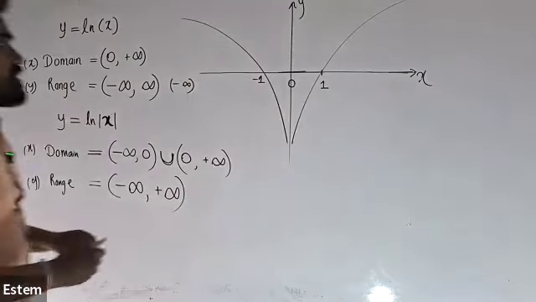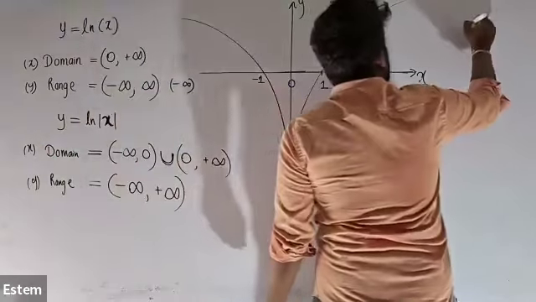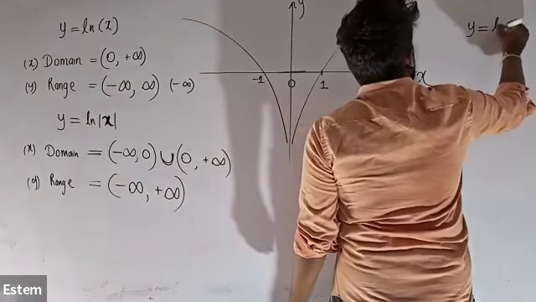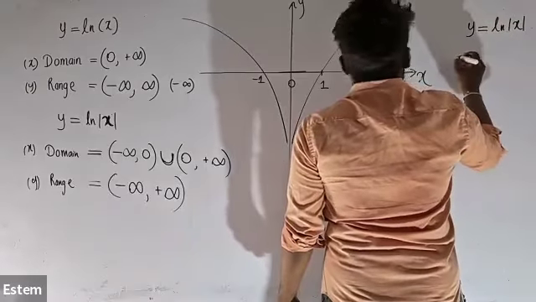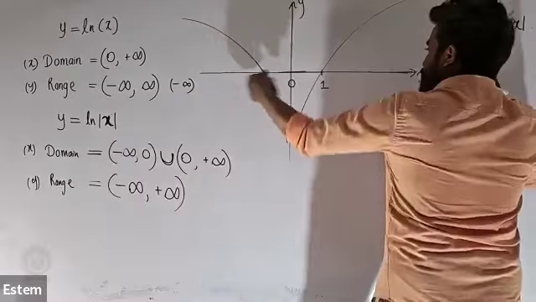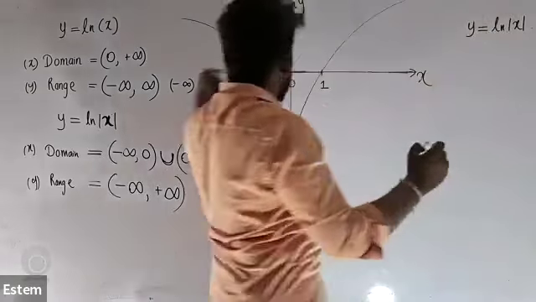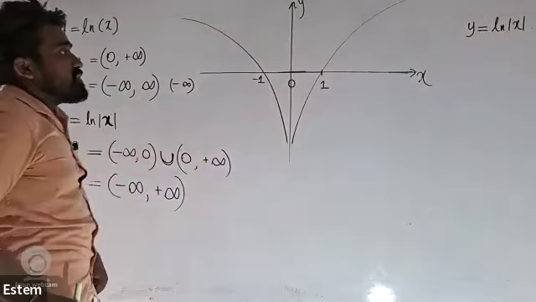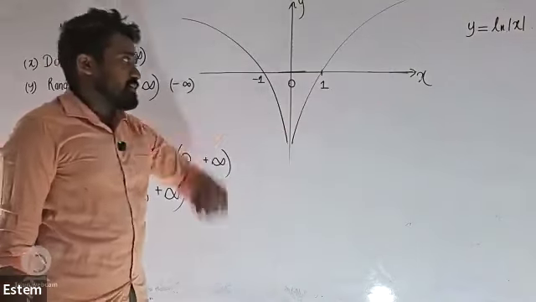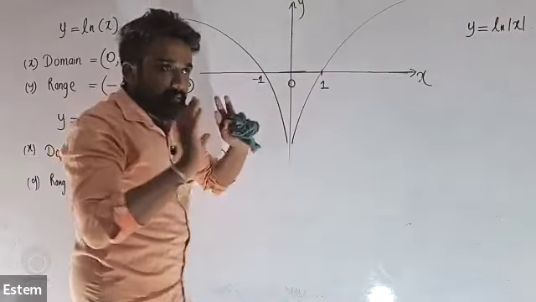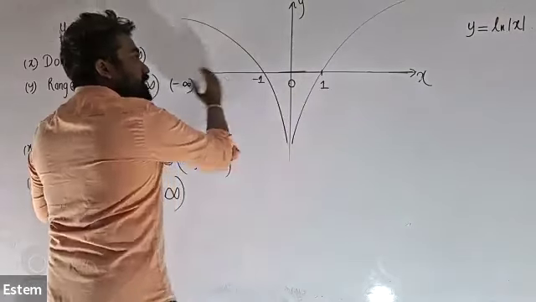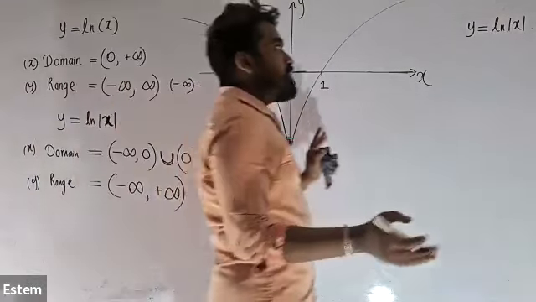What happens to the left side? Okay, now this is y equals ln x. Then we should check when x approaches 0 from the minus side. Now these x values are negative.